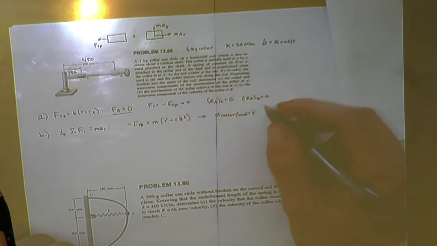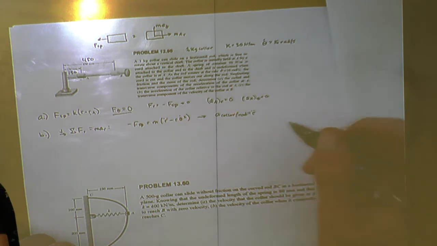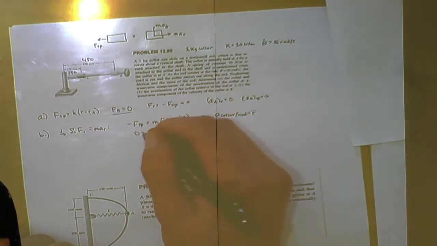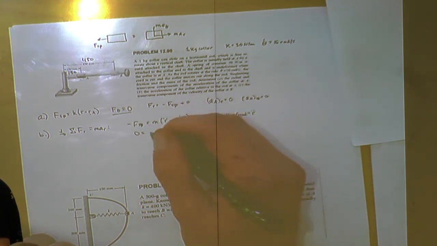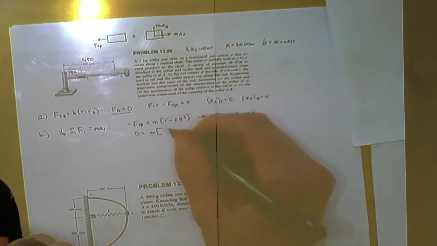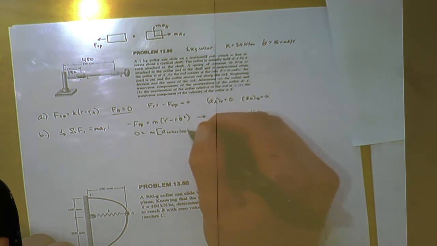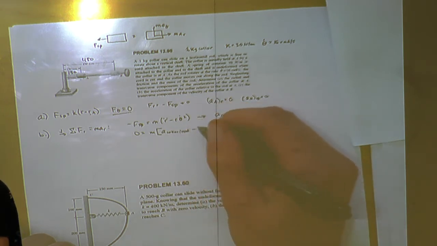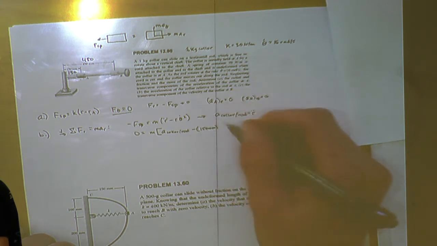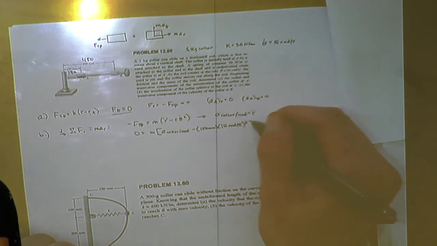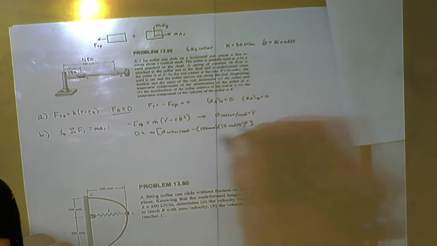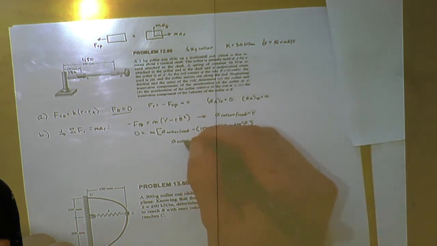So we have, this is going to be 0 equal to m times (a collar relative to rod minus 150 millimeters times 16 radians per second squared).